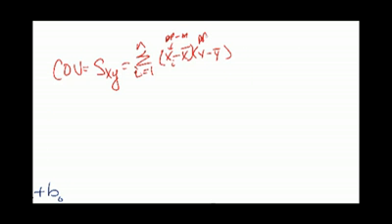The data point for the y minus the mean for the y. All over, because this is a sample, n minus 1.